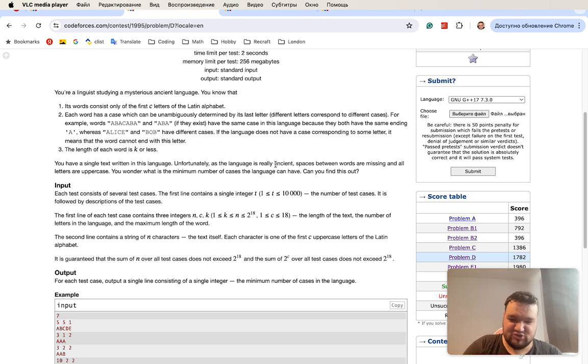Then obviously we should cut after each such letter. We want all words to have length at most k. That's the only other condition. So we cannot cut after letters that we didn't include in our set of last letters. But we can cut after every letter that we did include in our set. And obviously it's always good to cut. It's independent from everything else, so just do it.